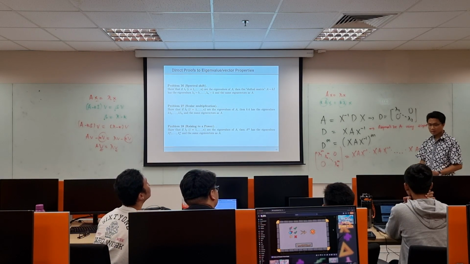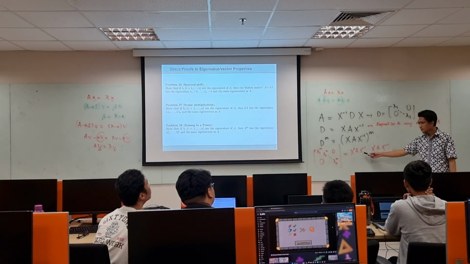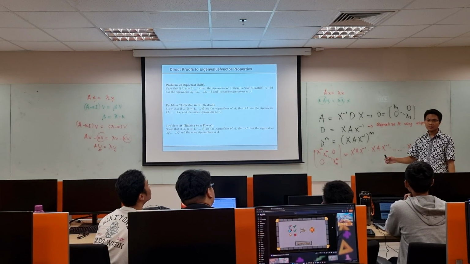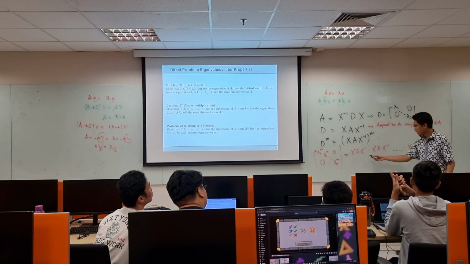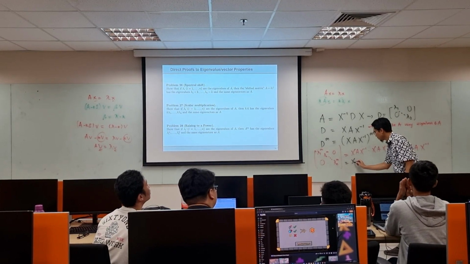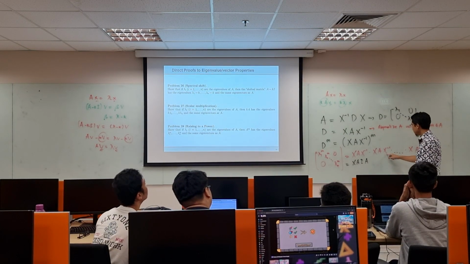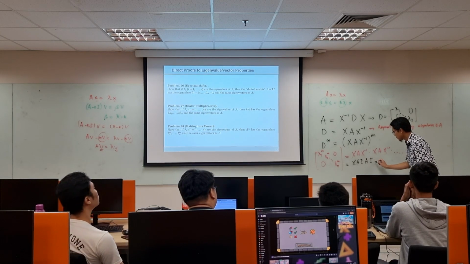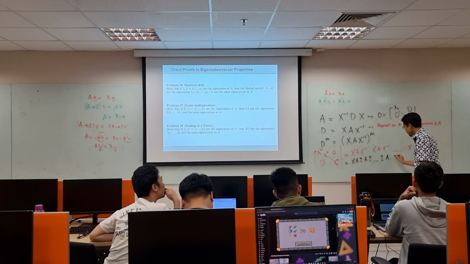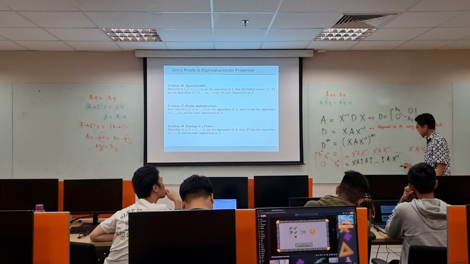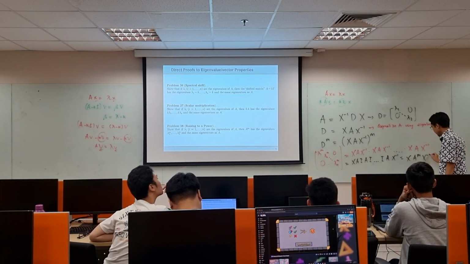X inverse times X is identity. So A times I, it becomes identity, right? So you will have identity times A, and then in here we also have identity, and then identity times A, which is equal to X A to the power of M X inverse.